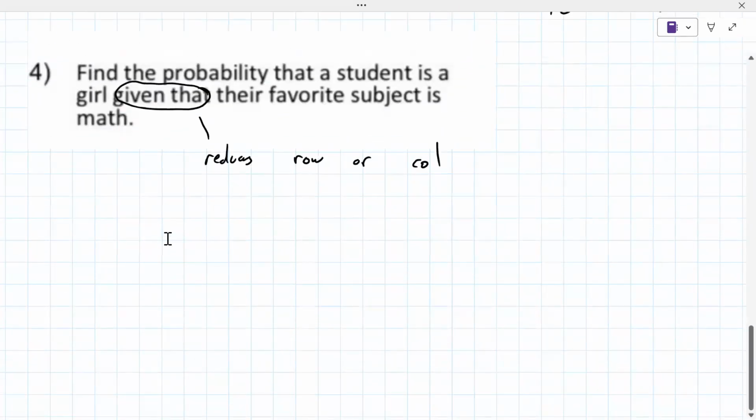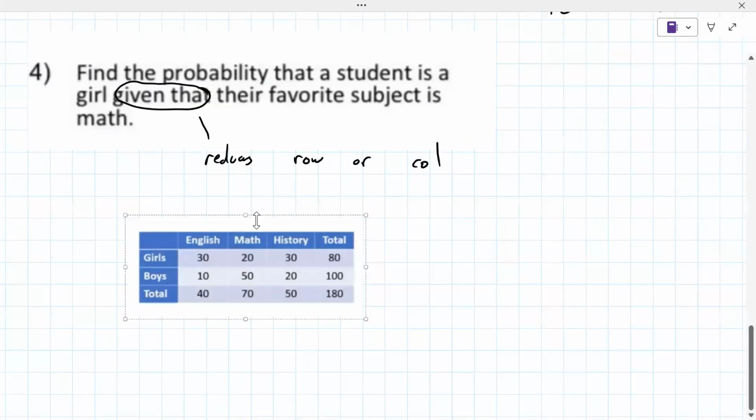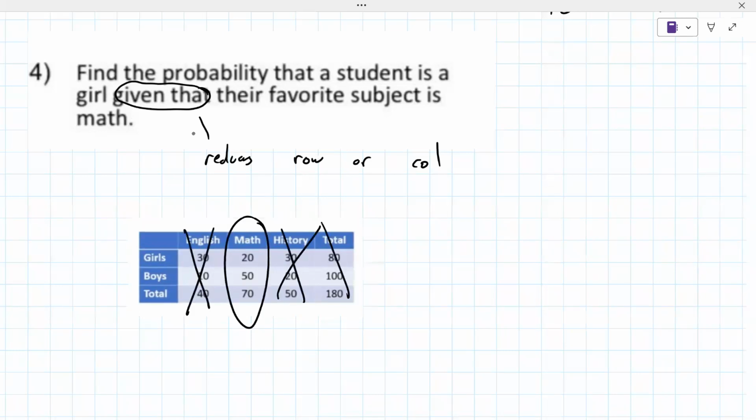Well, thank goodness you speak English as a native language because it is complicated. It says given that their favorite subject is math, that means you only care about the math column. You don't care about anything else. When it says given that, whatever follows that is what you care about. So your whole universe, your whole world, is 20 plus 50 plus 70.